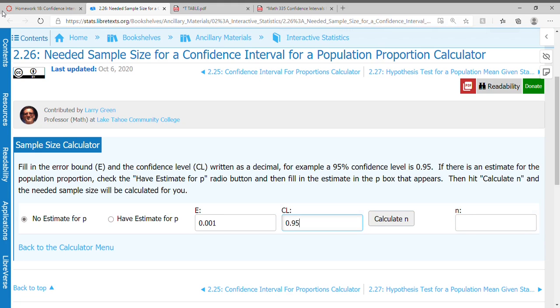And we're going to calculate N. N is 960,365. Now this number is slightly different than our number, but that's because the computer is more accurate. But our answer is very close to this, so we know we did it right.